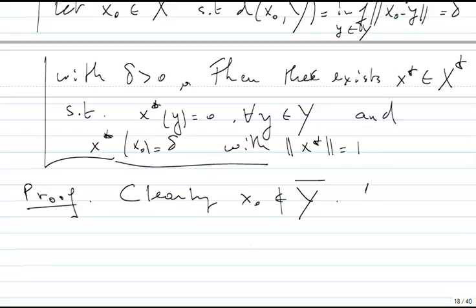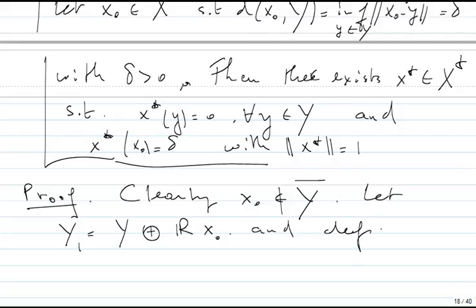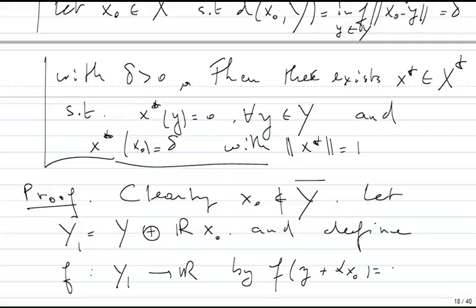Let Y1 be Y plus R of x0, and define f from Y1 into R by f of y plus alpha x0 to be alpha times delta.